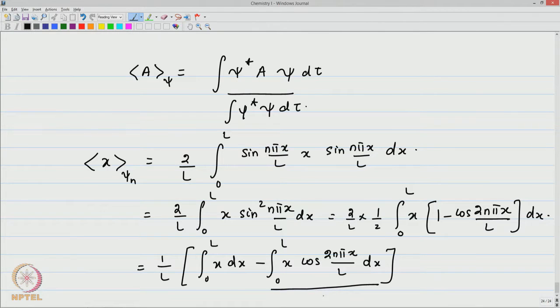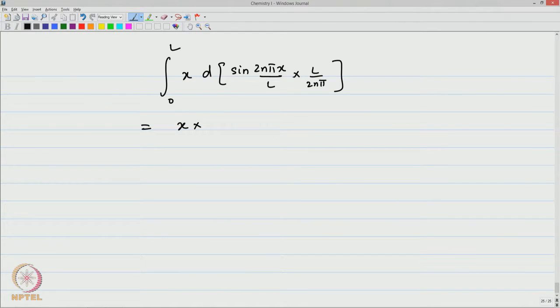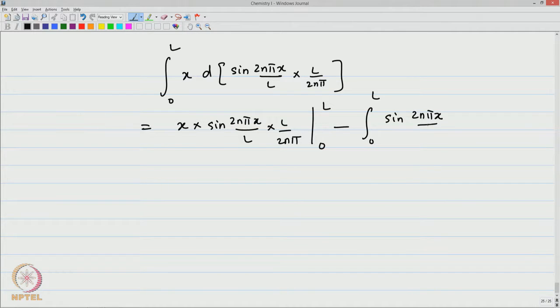It is straightforward to show that this integral is 0, because you can write this as x into d of sine 2 n pi x by L times L by 2 n pi, as a partial integration between 0 and L. This is a u dv formula, therefore uv, x into sine 2 n pi x by L times L by 2 n pi, between the limits 0 to L, minus the integral of v du, which is 0 to L sin 2 n pi x by L dx.